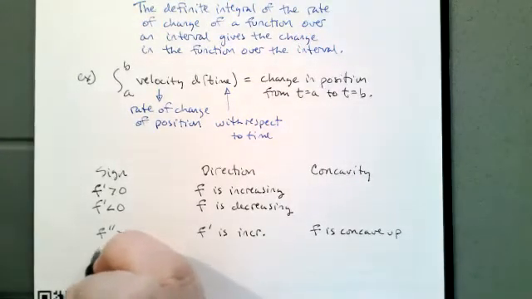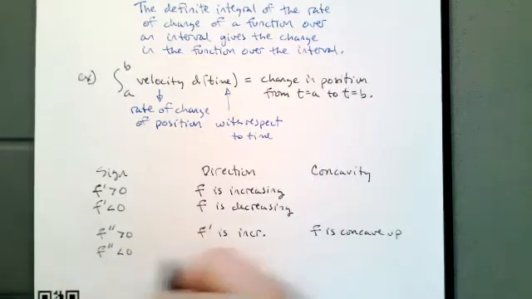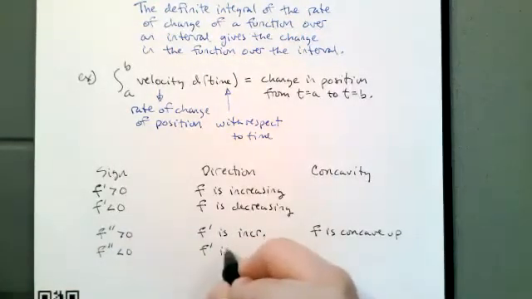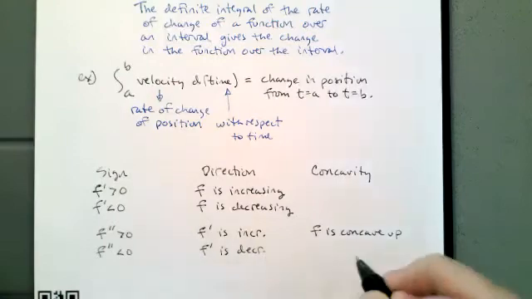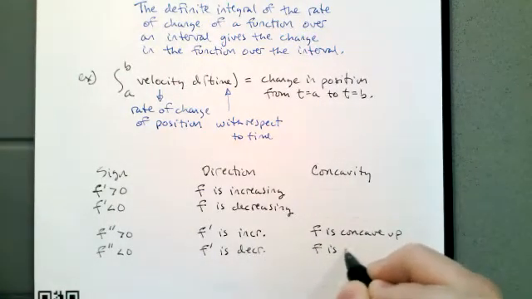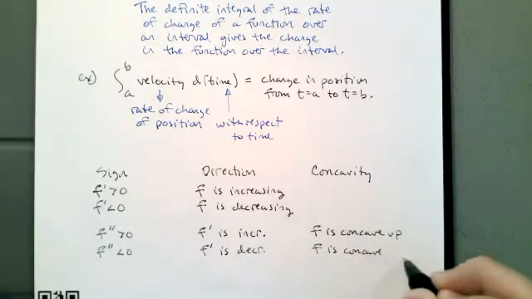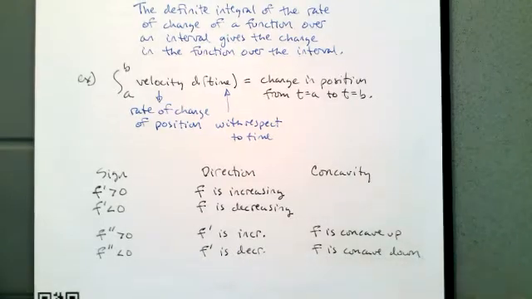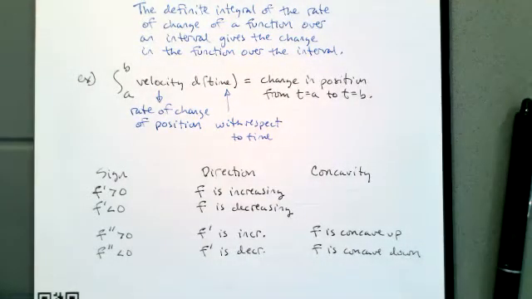And then opposite for negative second derivative. So the sign tells us about the direction or about the concavity, depending on which derivative we're looking at.